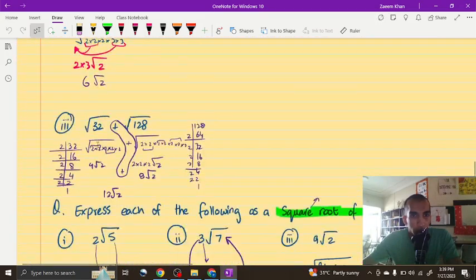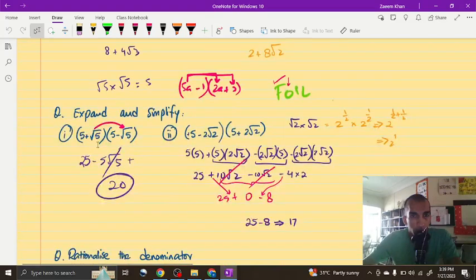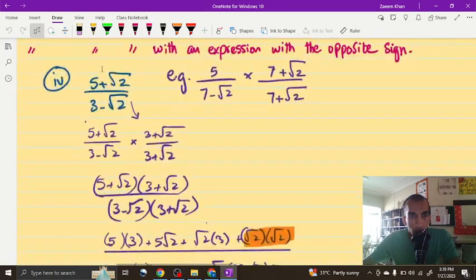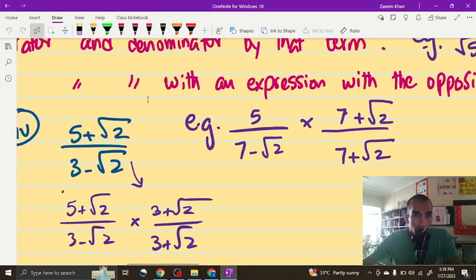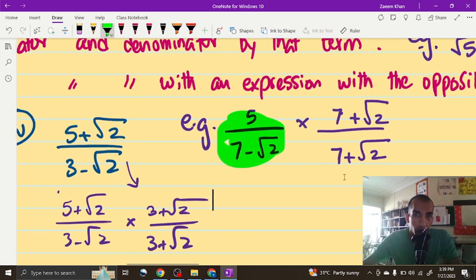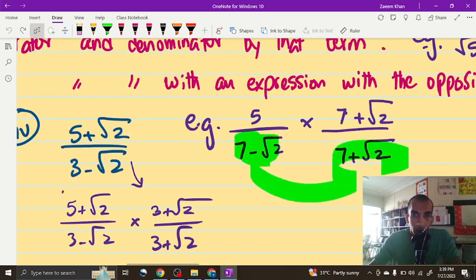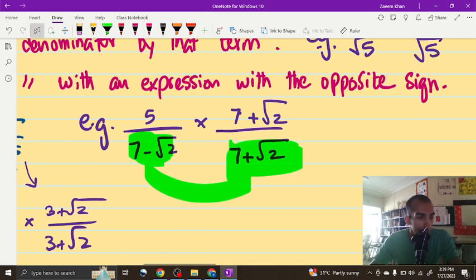Take a look over here. For instance, this is the question. You're supposed to rationalize the denominator. You write the exact same thing. Look, you do the exact same thing. What's the difference?